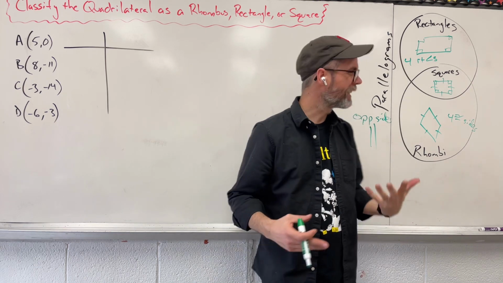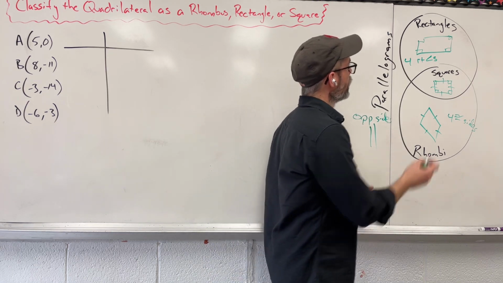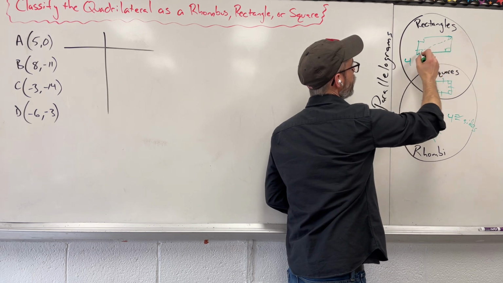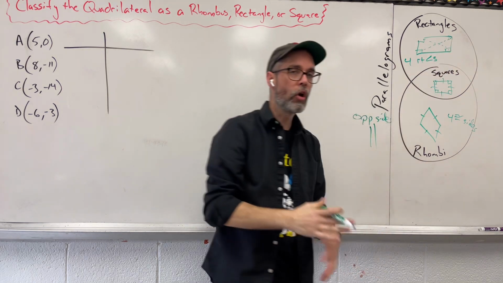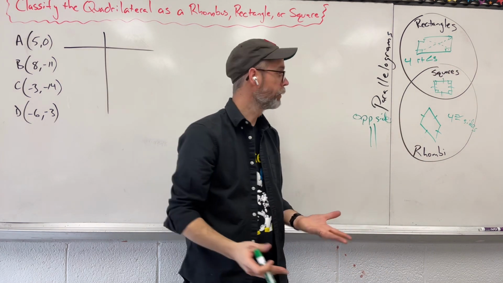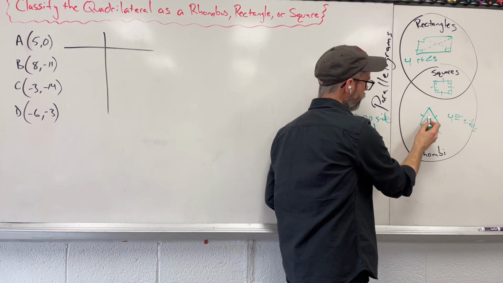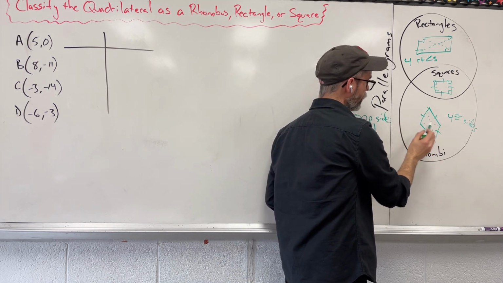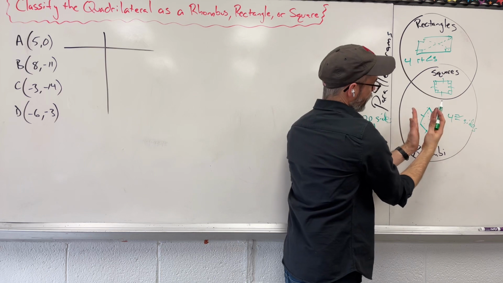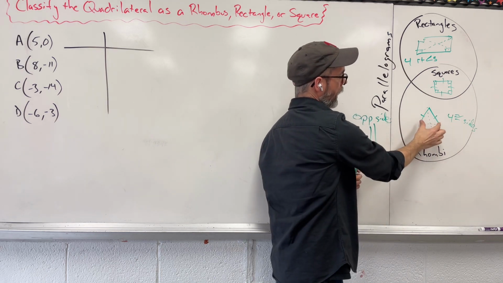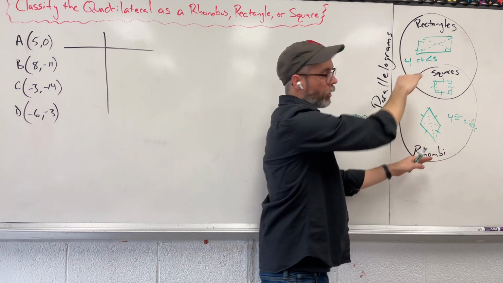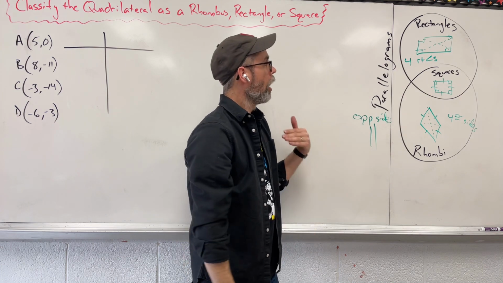Now, what about the diagonals in all of these? Well, in a rectangle, our diagonals are going to be the same length. They're going to be congruent to each other. With a rhombus, that's not always the case because I can squish this thing in. I'm going to have a small diagonal going side to side and a real long one going top down.